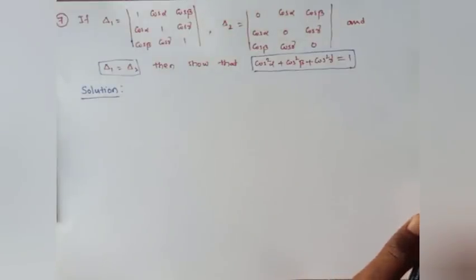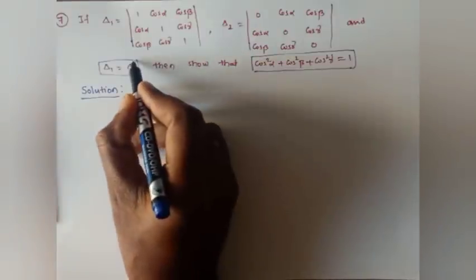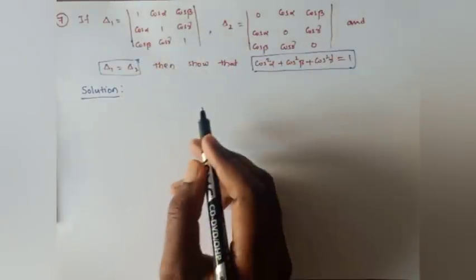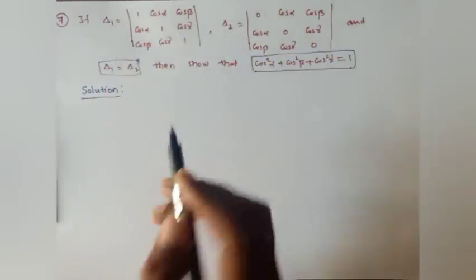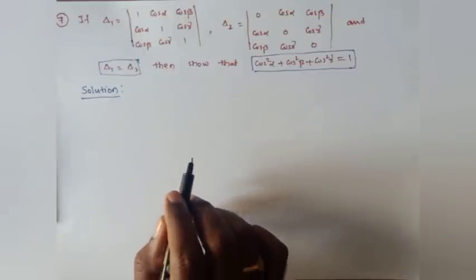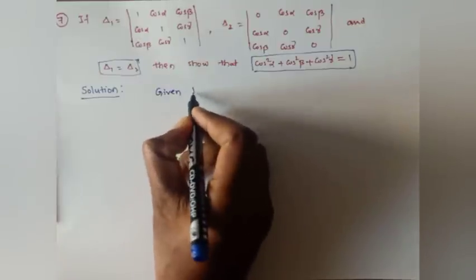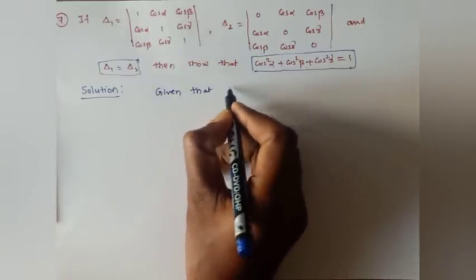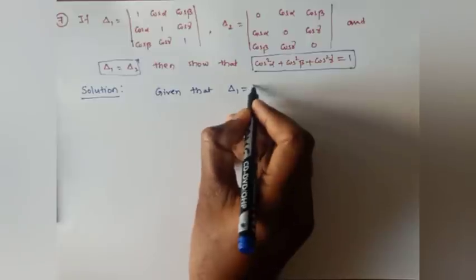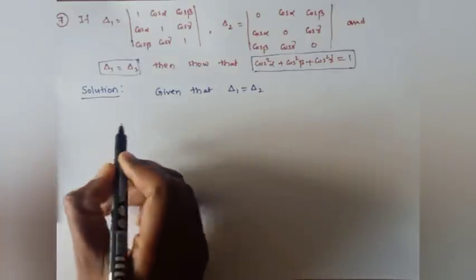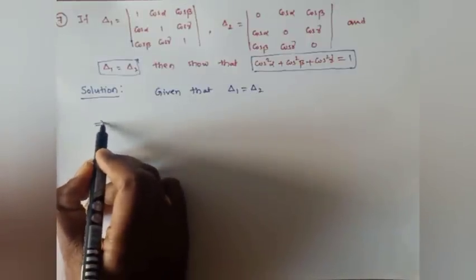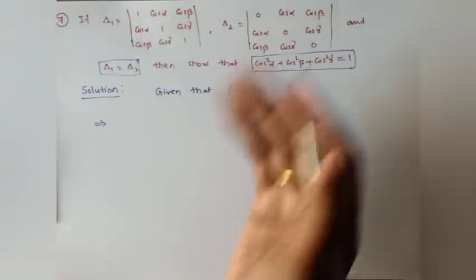Now here, you just simply need to apply the definition of the determinant for delta 1 and delta 2. See, the given condition is both the determinants are same, that's it, given that delta 1 is equal to delta 2. So apply the determinant concept for both left hand side and right hand side.